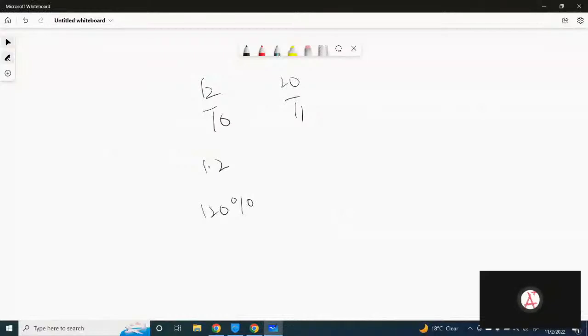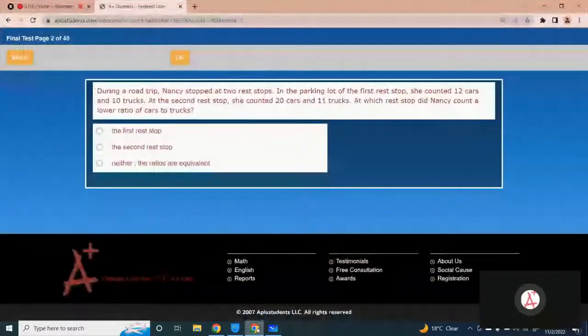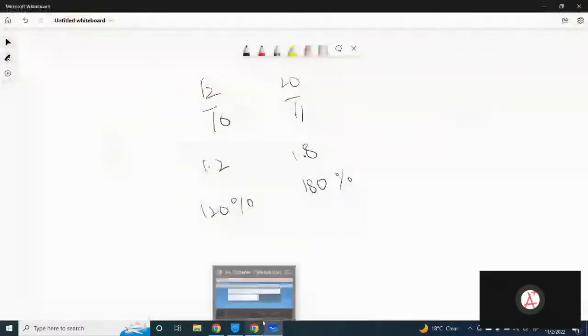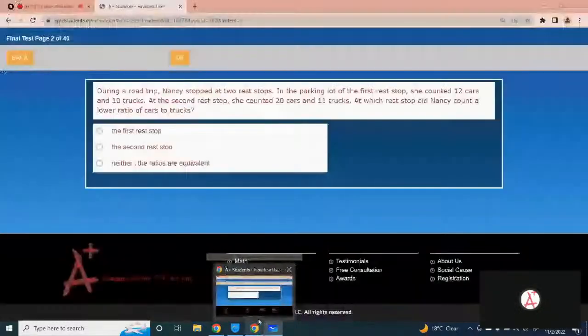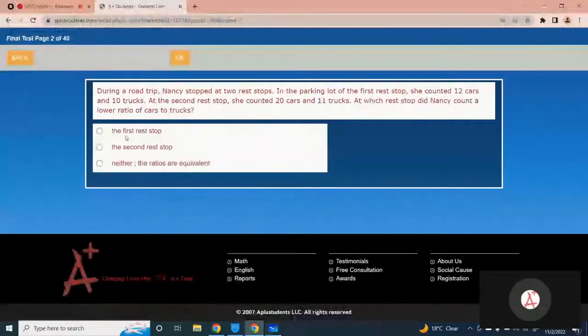Then 20 over 11 is 1.8, and when you multiply it by 100, it would be 180%. Got it? So which one has the lower ratio, the first stop or the second stop? The first one. 120 is the smaller value. So the first stop has the lower ratio. Got it?